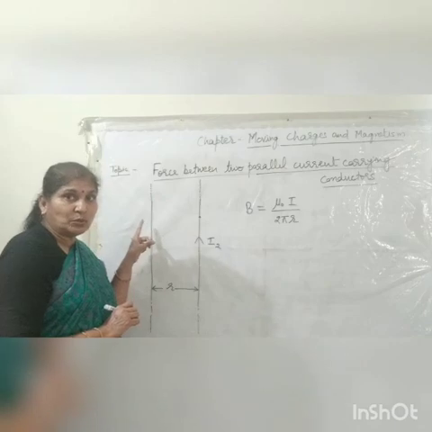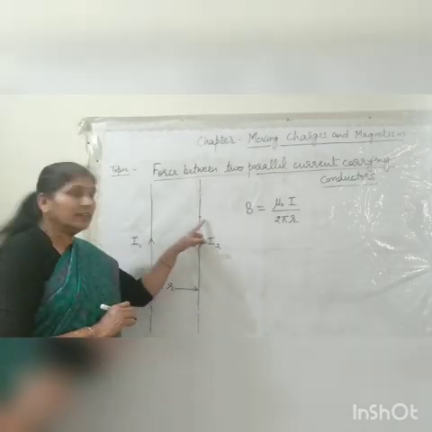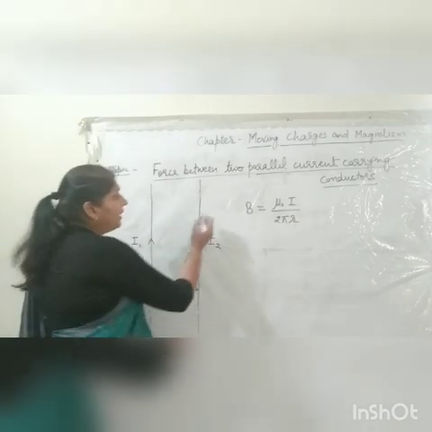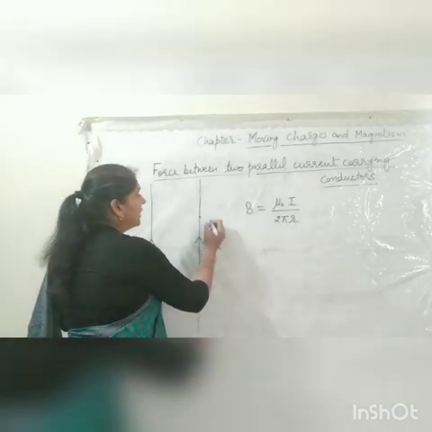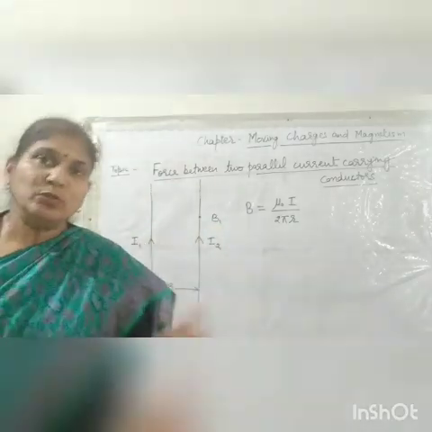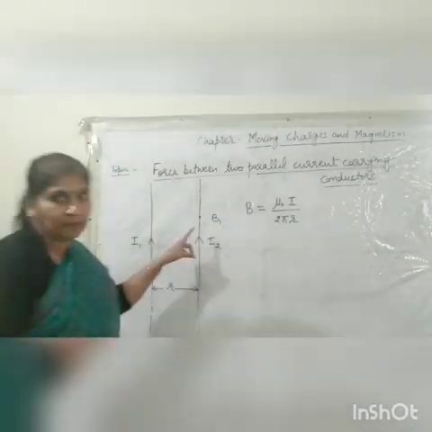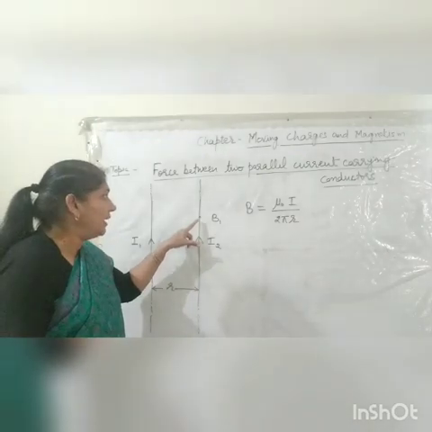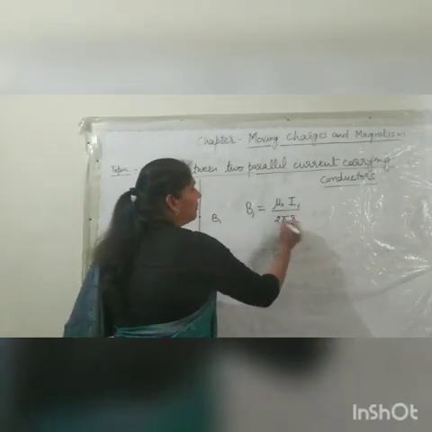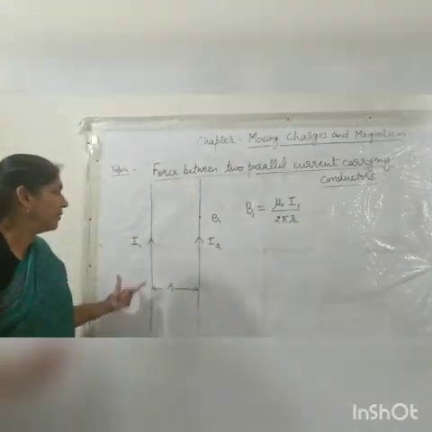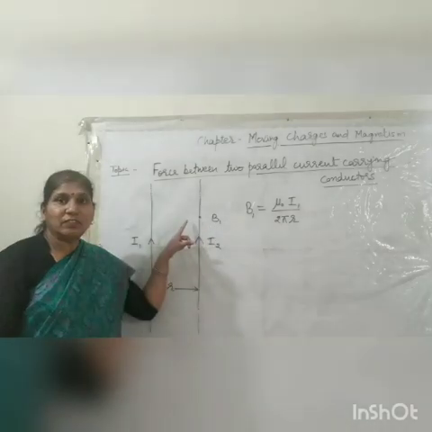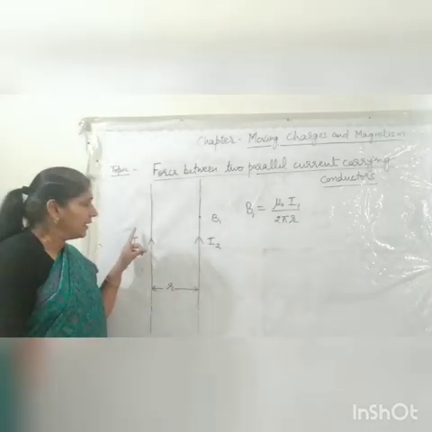So due to the current of conductor 1, there will be a magnetic field B here, and we are representing this magnetic field as B1. B1 is the magnetic field due to conductor 1, current I1. This magnetic field B1 will be mu naught I1 upon 2 pi r, because the current is I1 and the distance is r. So this much magnetic field will be developed due to current I1.